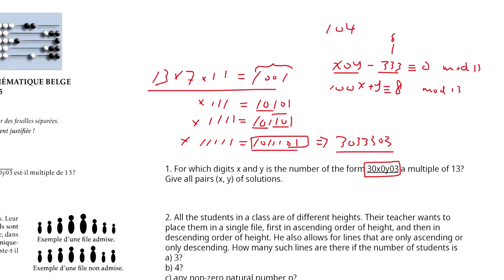So that's why we replace 100 times x with minus 4x, and minus 4x plus y is congruent to 8 modulo 13. So for each x and y, we have a good combination, and the combination will give us a remainder of 8 when it's divided by 13.